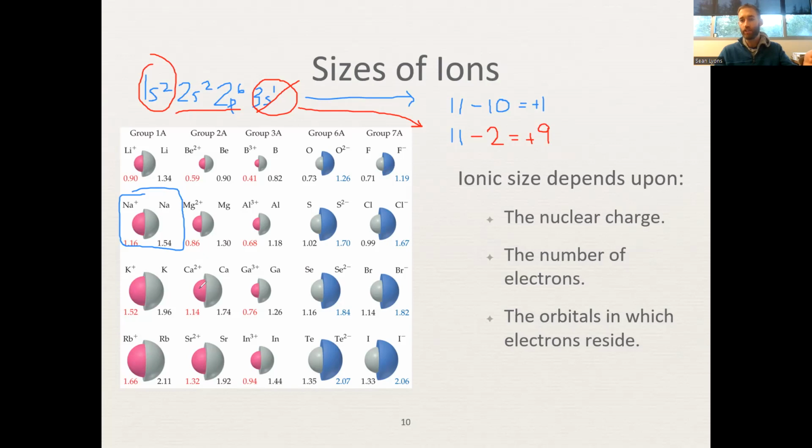And now the new valence shell is going to have a higher effective nuclear charge. It's also just closer to the nucleus to begin with. So we're going to see a greater attraction there. And that's why with all of these pink ones representing the positive ions, they're all smaller than the gray representing the neutral atom.